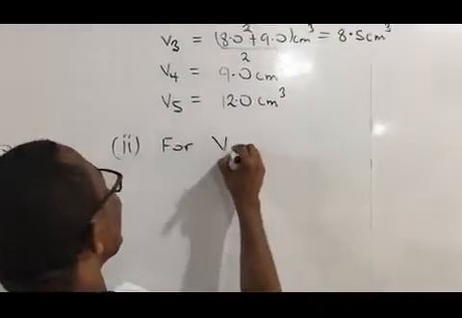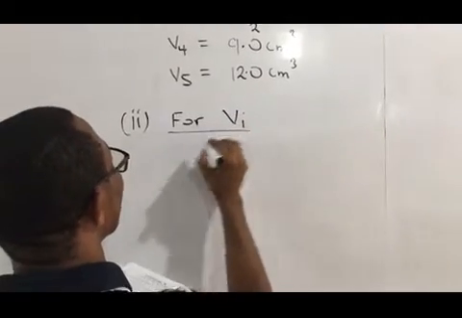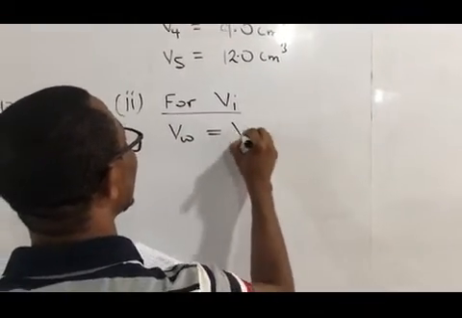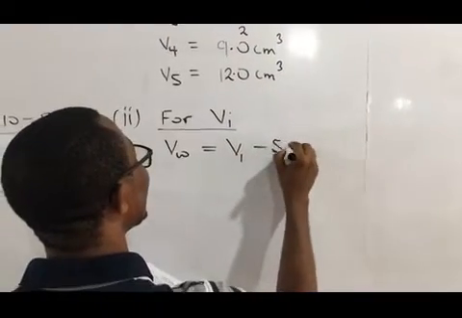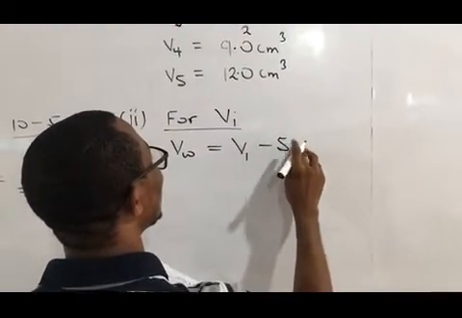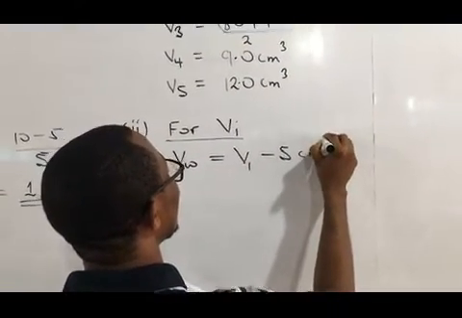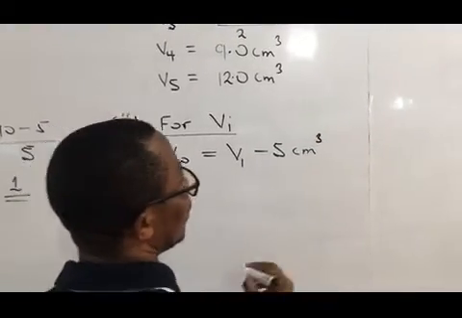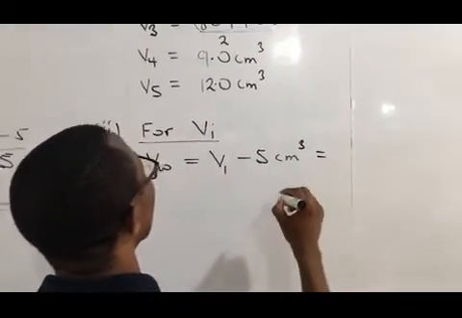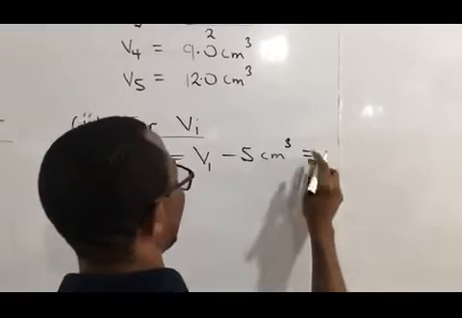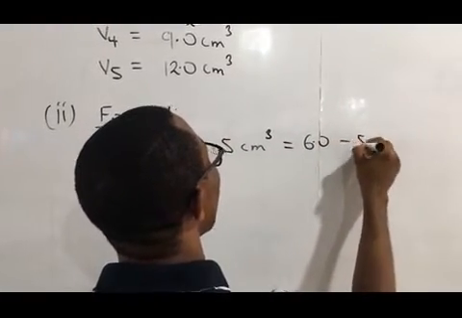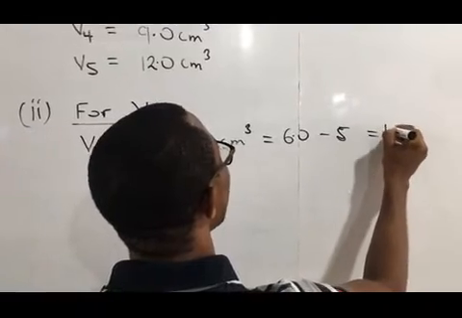for V1, the volume of water will be equal to V1 minus the 5 cm cube. So that will be equal to V1, which is 6 minus 5, and that will give you 1.0 cm cube.